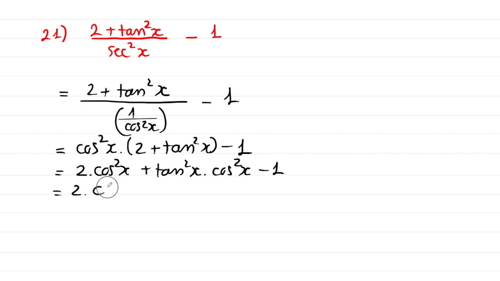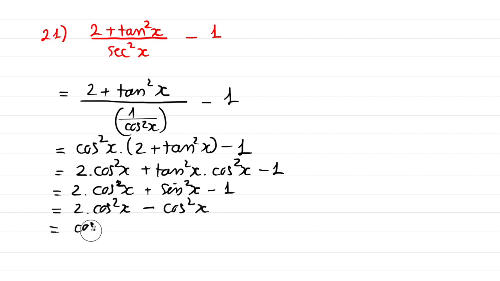Yep. So what is this? Tan square times cos square is sine square x. Sine square x minus 1, and again, for this one, I want to remind you sine square x minus 1 equals minus cos square. And then you got cos square x as my final answer. Okay.